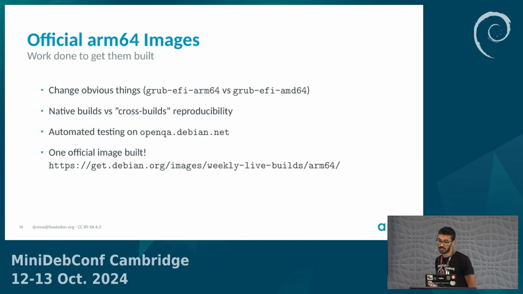And the way we did that was by taking the x86 tests, unmodified, and just applying them to the ARM ISO, which is a good test in itself, just to verify that the two architectures are doing the same stuff with GNOME and so on. The only ISO we have built is available at that URL for ARM64, and again, hopefully we will build them regularly on a weekly basis for ARM as well.